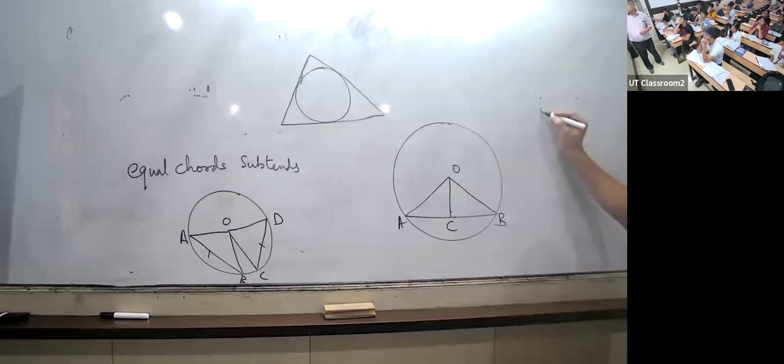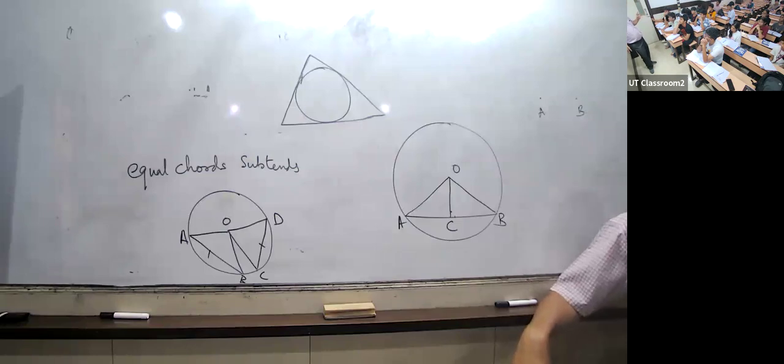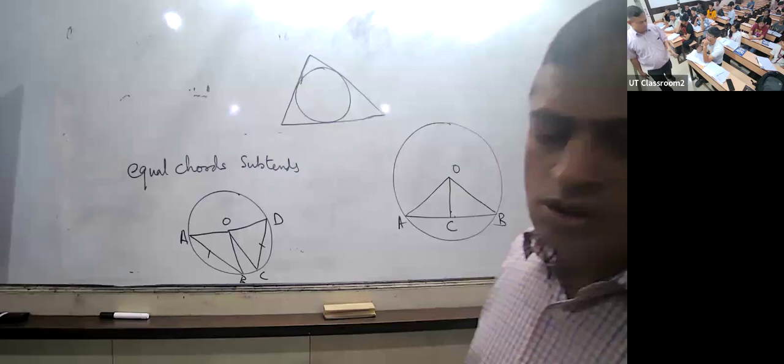Even if I take 2 points A and B, there are infinite circles passing through. If 3 points are there, there are 2 cases. If they are collinear, there is no circle. If they are non-collinear, there is 1 circle. Remember this, sometimes it comes in MCQs. That is theorem 5.